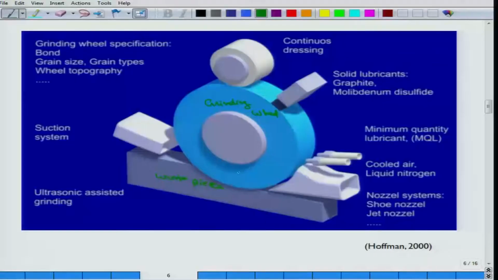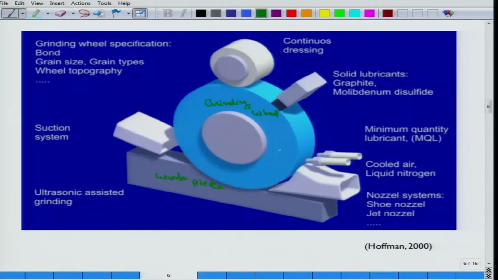Hard wheels, for example CBN wheels, can be used to machine titanium workpieces, and aluminum oxide abrasive can be used to machine mild steel or some other kind of soft materials. So, this is a grinding wheel that is machining my workpiece.